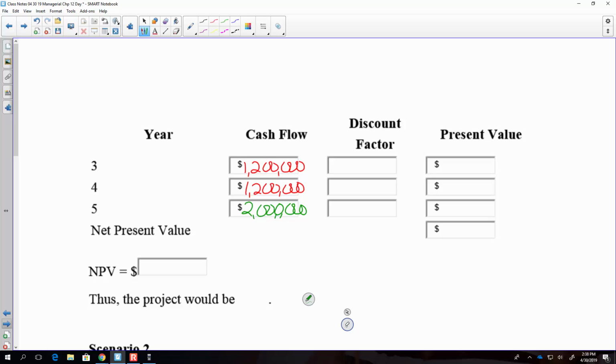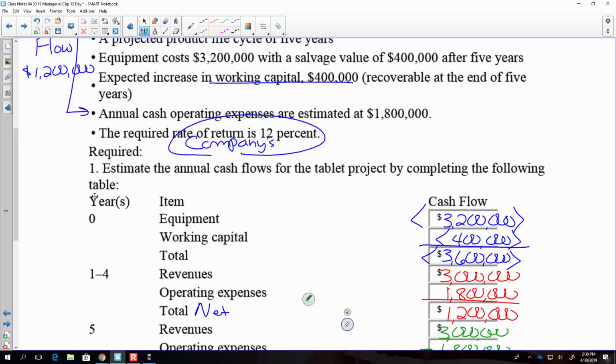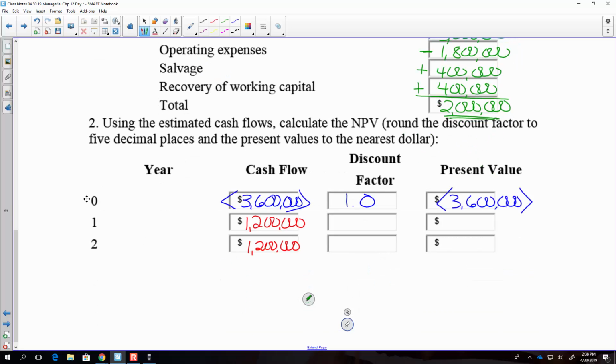So again, I go to my table. Since they're different amounts, uneven amounts, I should say, we've got to use table 1. So going back to page 1, the discount factor is using a 12% return. 0.89286, 0.79719.